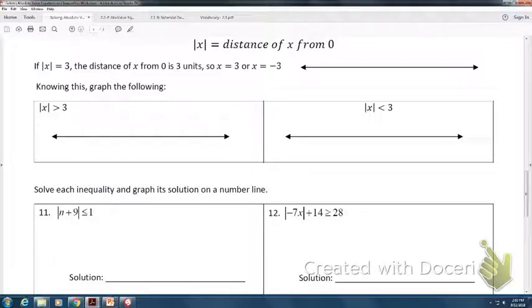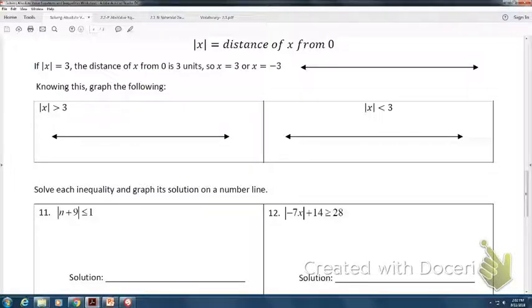I'm not running negative 3 miles because I went left. Distance is never negative. I wish it was, because negative 3 sounds way better. But it's never negative, okay? So if absolute value of x equals 3, the distance of x from 0 is 3 units. So it could be 3 or negative 3.